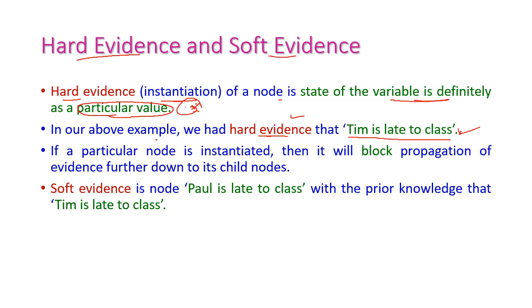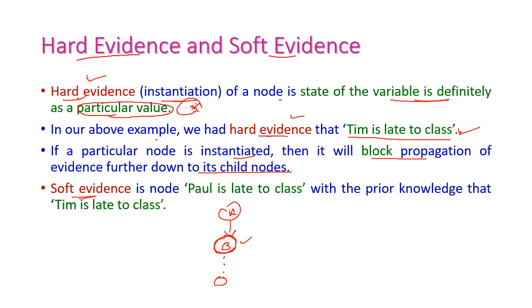If a particular node is instantiated, then it will block propagation of evidence further down to its child node. For example, if this is A and this is B, if we get the strong evidence value in B, then there is no need to go further beyond the B node. So this is called hard evidence.